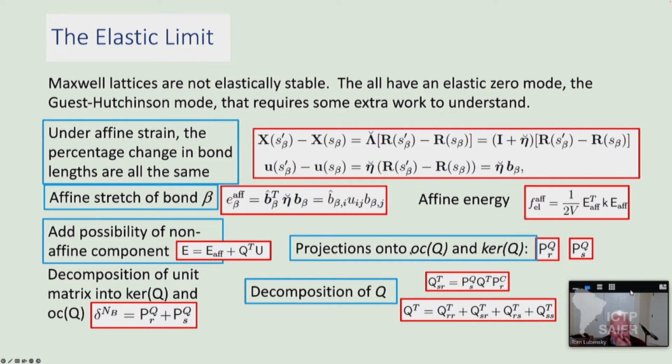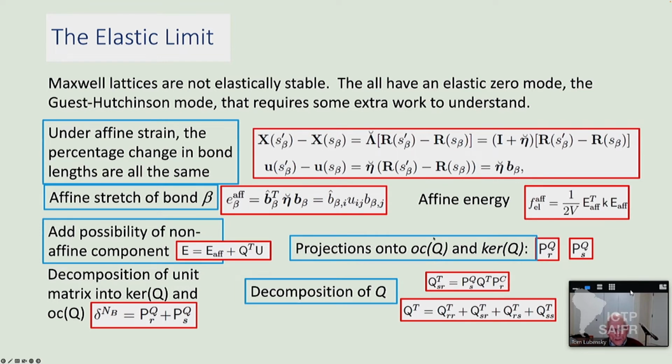So this is a little bit heavy. I believe I put it in the notes that you have. What we're going to do is to take our matrices and break them up into a part along the kernel of Q. Remember, that's the set in which the Q's are mapped to 0, the Q transpose is mapped to 0.